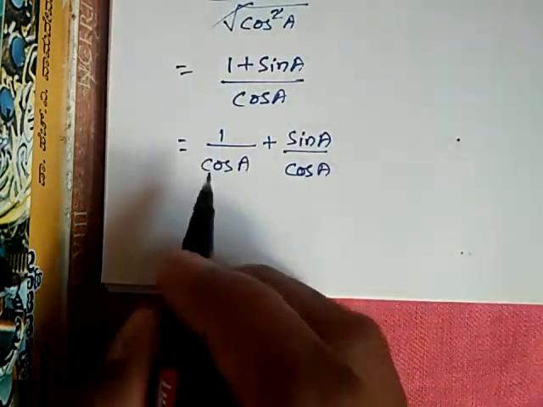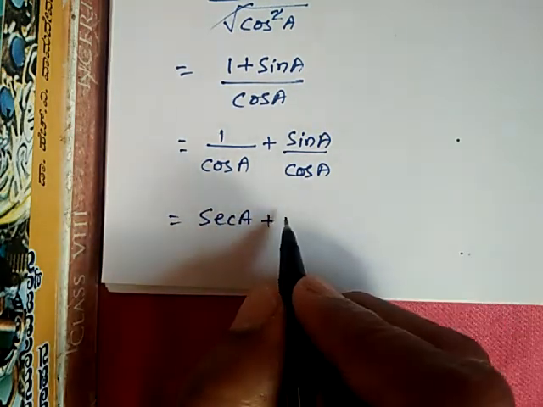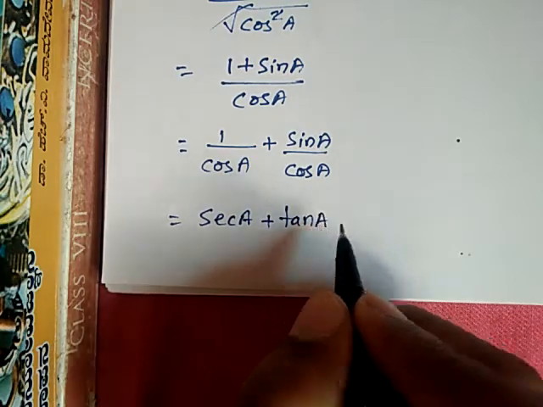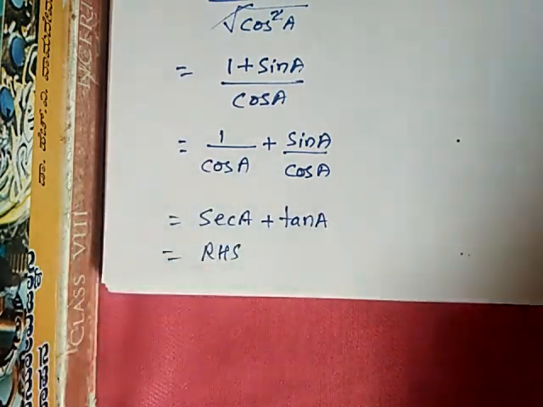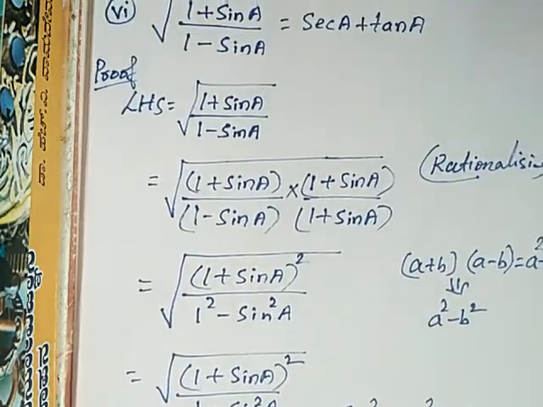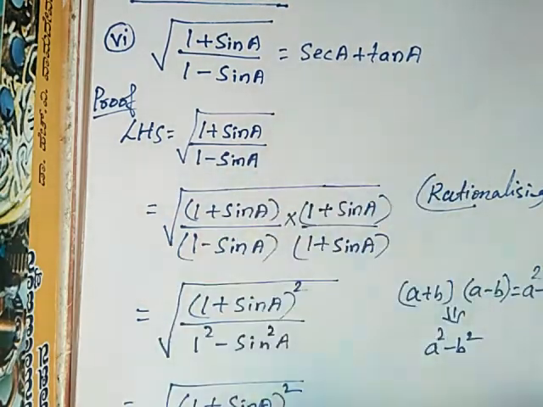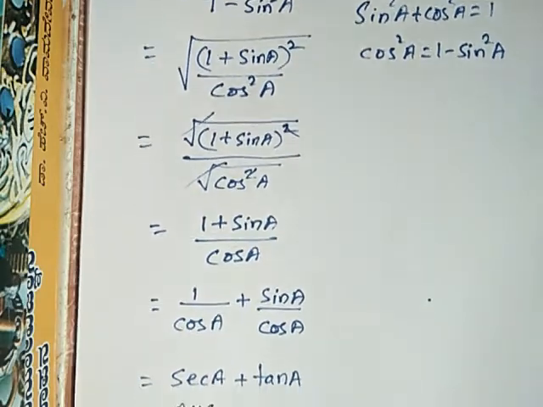So 1 by cos a is sec a, plus sin a by cos a, you know that it is tan a. So this is the RHS, sec a plus tan a, as in the question. So LHS is equal to RHS.